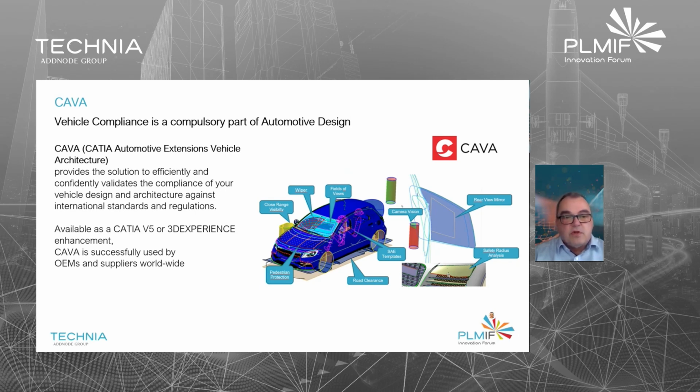That provides a solution that can let you easily and confidently validate the compliance of your vehicle design against various standards and regulations. The product itself is available for CATIA V5 and also for the 3D Experience platform. And it has already widespread use at OEMs and suppliers, from many different regions in the world.